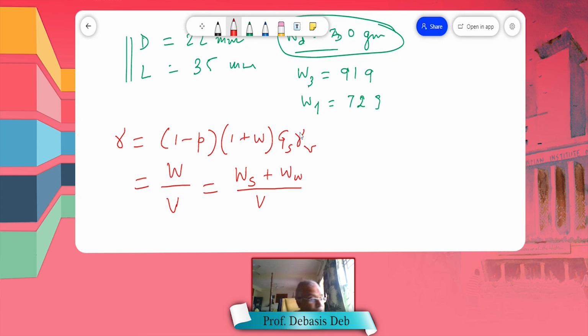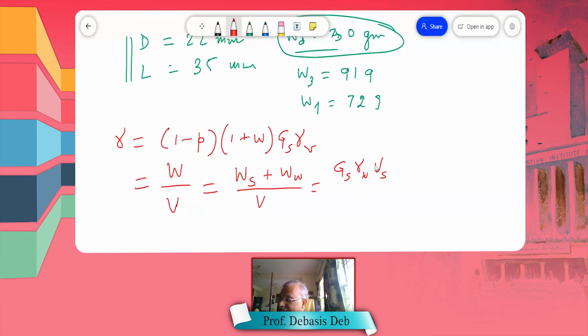Now for the solid weight, we have just shown this can be written as GS gamma W into VS. VS into GS into gamma W, because this is the specific gravity of the grain, let's say 2.6, multiplied by its density, which will give you gram per cc or kg per meter cube or kilonewton per meter cube.